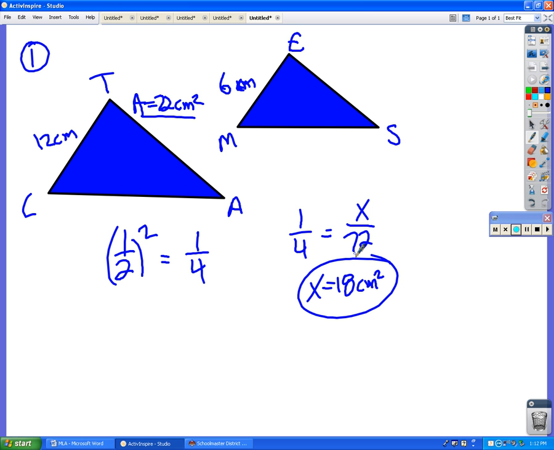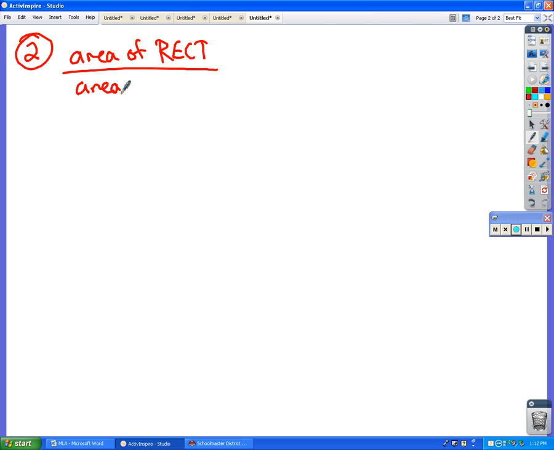Okay? So take the ratio of the sides, square it, and that gives you the ratio of the areas. Now, number 2 asks you to go backwards, and we did not specifically talk about this yesterday. I had hopes that maybe you would be able to figure this out a little bit on your own, and maybe some of you did, and if you did, that's good.